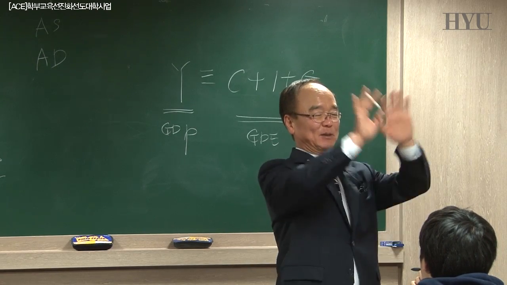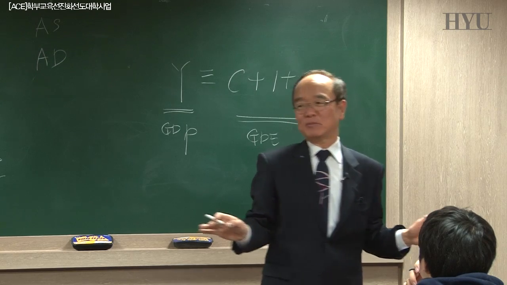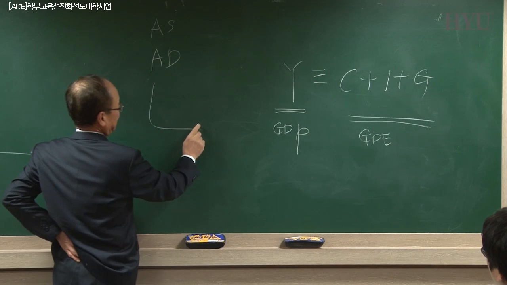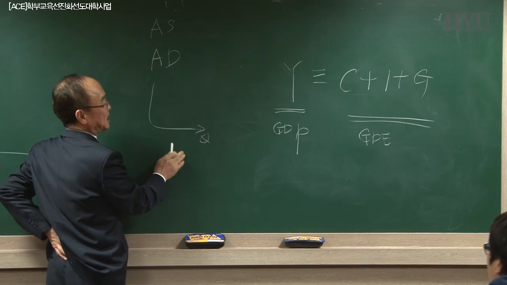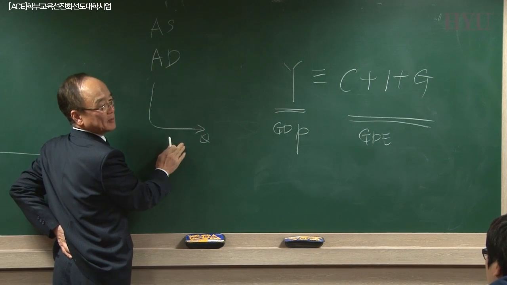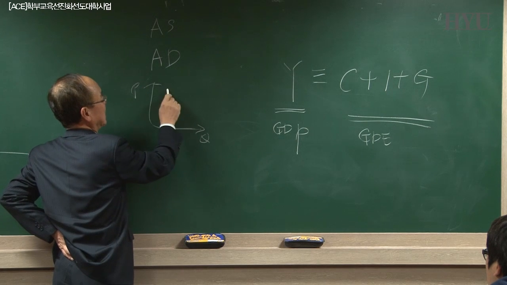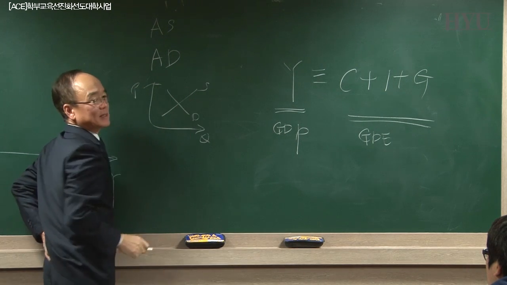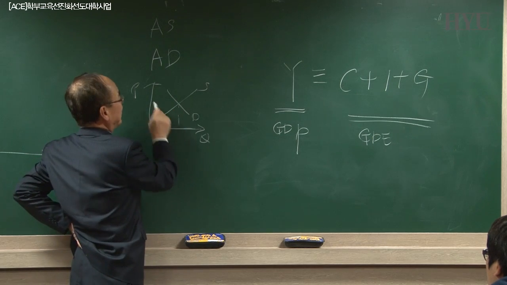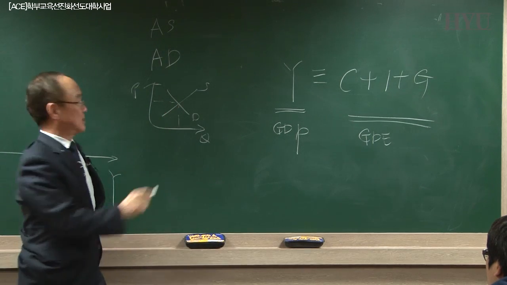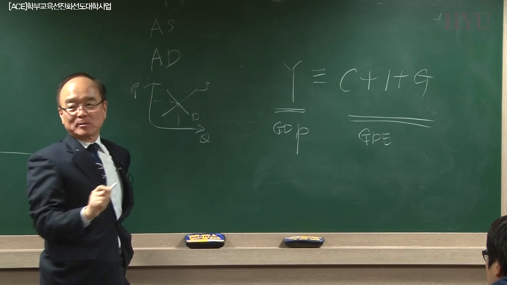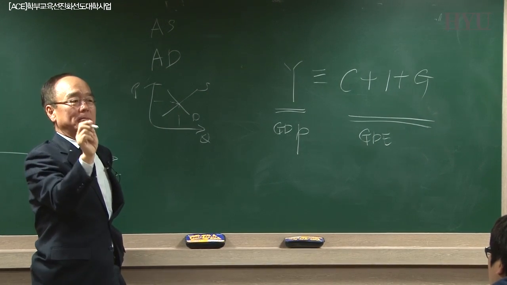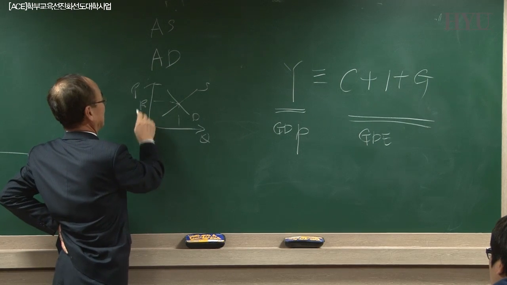Equilibrium means the market is in equilibrium. Getting back to the starting point, the individual product market. Even if the demand schedule is different from the supply schedule, at any point other than this one the market cannot be in equilibrium, right? The market cannot stay at the same price.